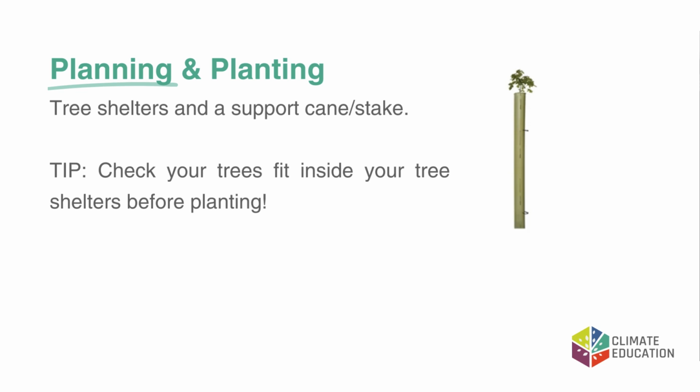These are the branches that grow out to the side, and they won't fit in our card-based ones, which are narrower. So sometimes we have to use the plastic ones to fit the trees into. And there's a little tip there: make sure that your tree fits into the tree shelters before you plant them, otherwise you can't get them on.